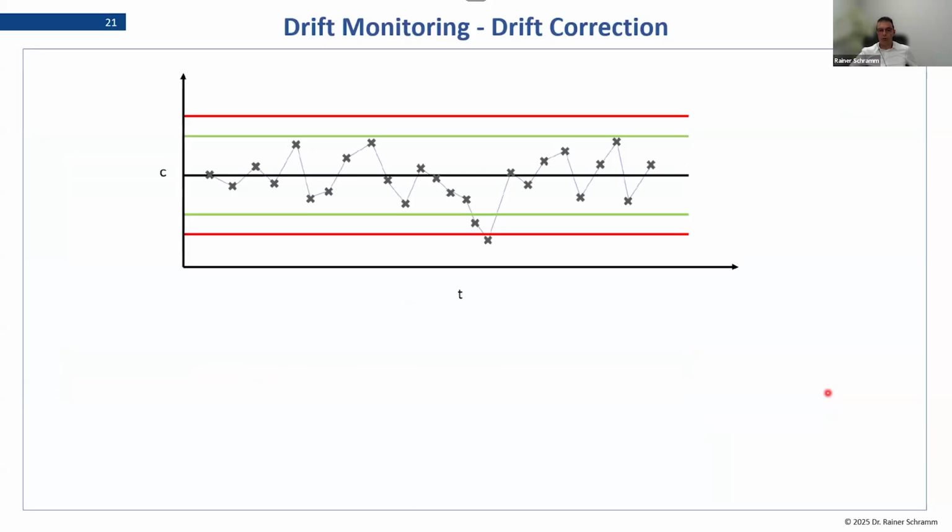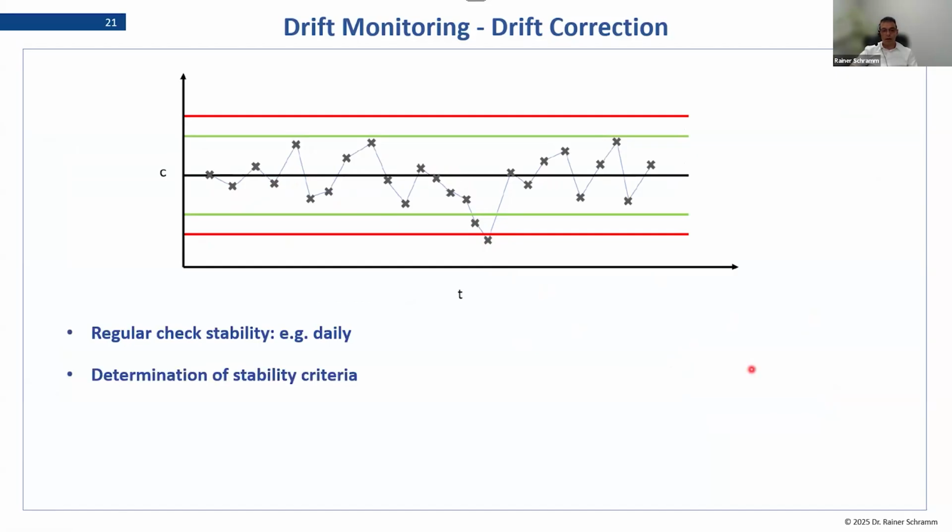But how do you do that? So my recommendation is that you measure control samples, and in the moment the control samples go out of specs, you then perform your drift correction, and then if it really was a drift, your control sample will get back on the line, and in this way you can keep all your calibrations the right way. But of course, you have to do a regular check.